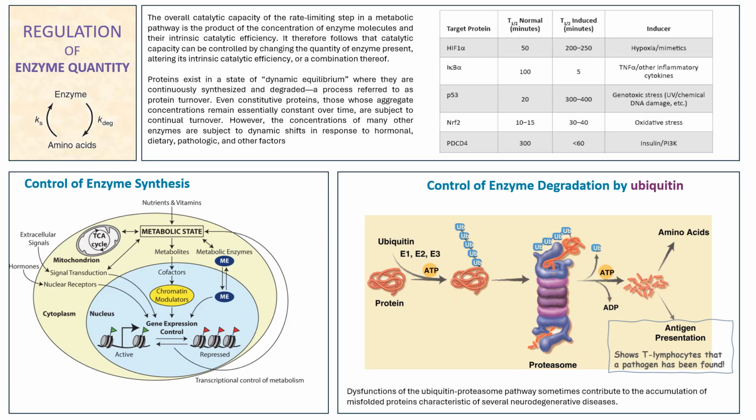We can also regulate how much enzyme we have, and it makes sense that we'd want to be able to do that. It turns out that for all proteins, and enzymes are for the most part proteins, there is an equilibrium between protein or enzyme and amino acids. So enzymes are made up of amino acids, so there's a rate for the synthesis of an enzyme, but also enzymes get degraded along with every other protein in a cell.